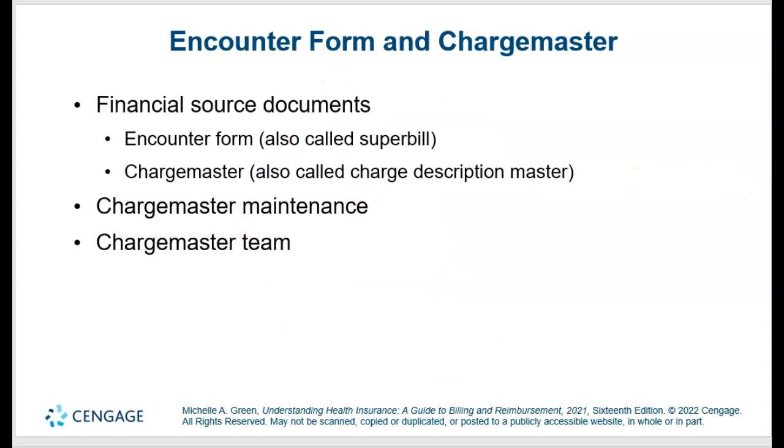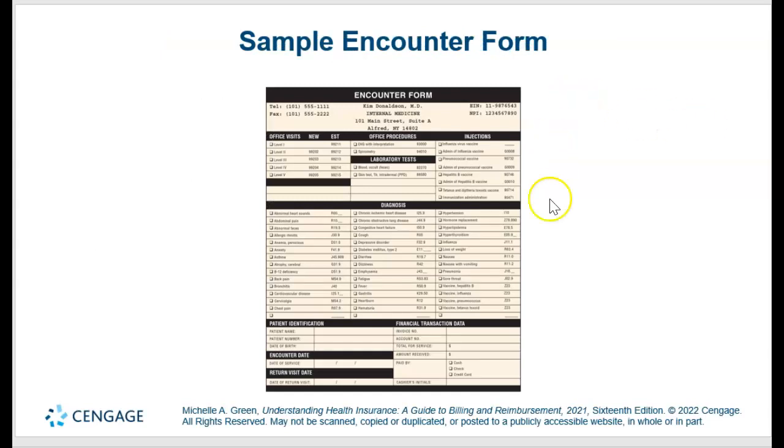Okay, encounter form and charge master. So financial source documents, we have an encounter form, which is also called a super bill. You don't see these very often anymore, just because everything's done electronically.